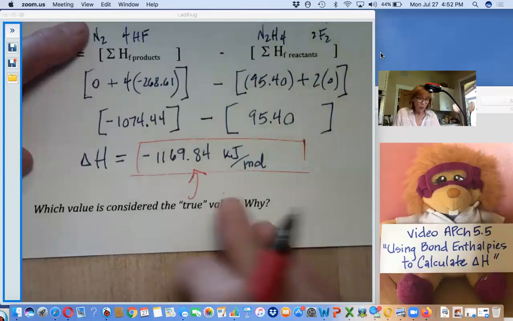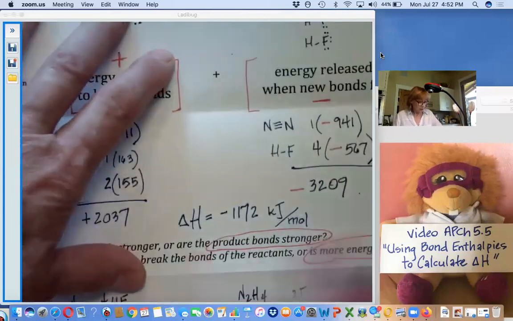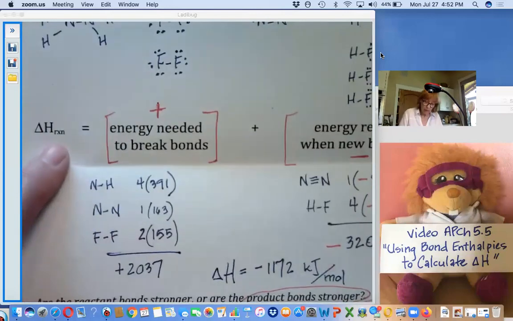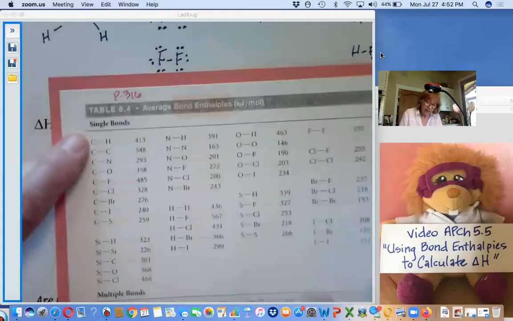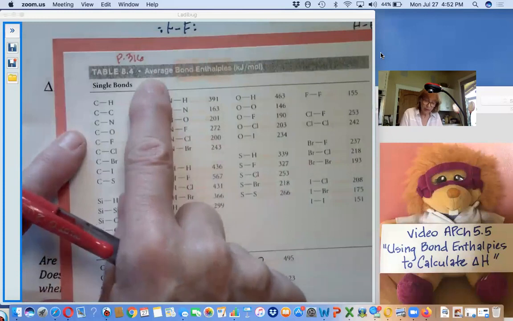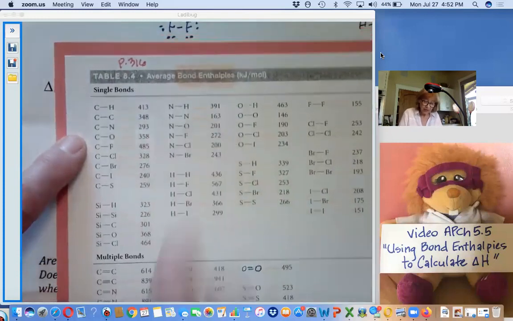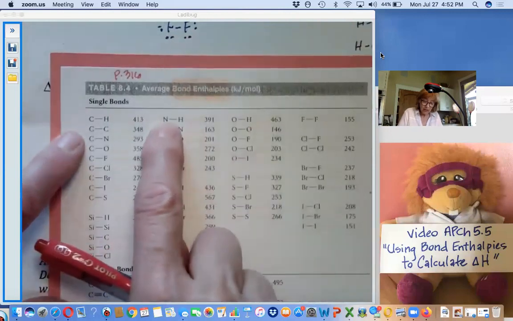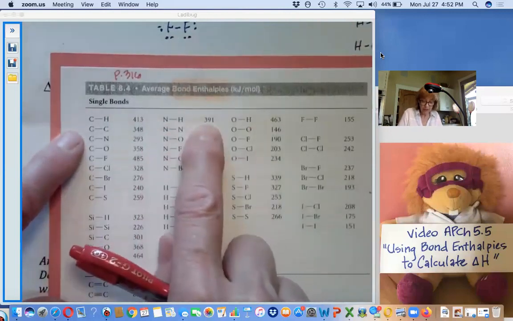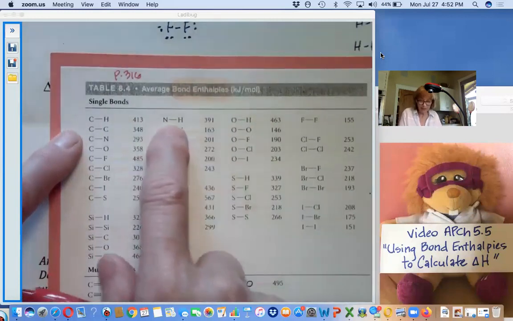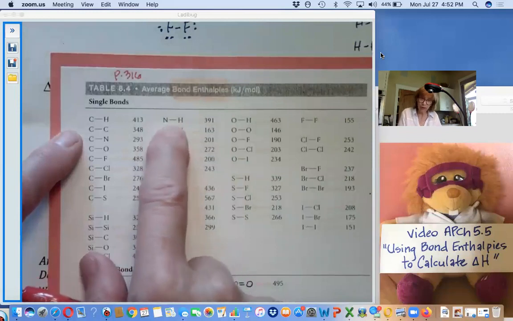Here's why. When we do our delta H using bond enthalpies, the table that we're using is a table of average bond enthalpies. Turns out that this strength of the N to H bond of 391 can differ slightly from molecule to molecule depending on what else is going on in the molecule.